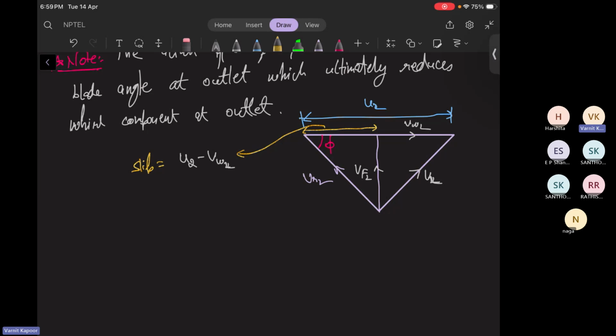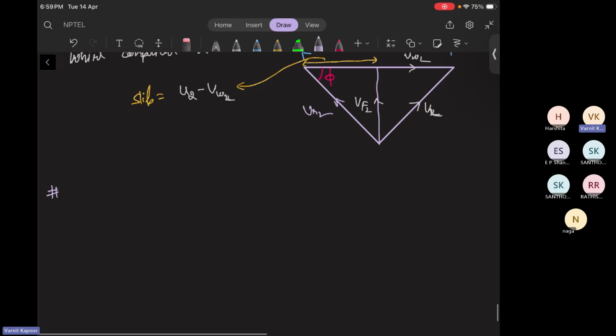All right. And there is a term which is also called the slip factor. Your slip factor is nothing but the ratio of the work done under the theoretical condition, when the number of blades are finite, to the work done under the ideal condition.